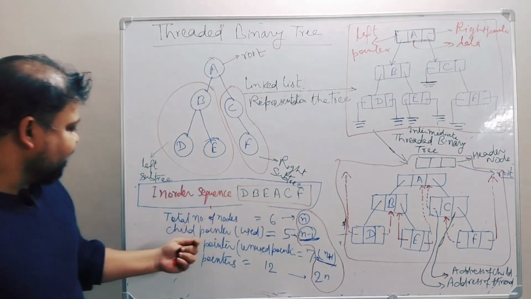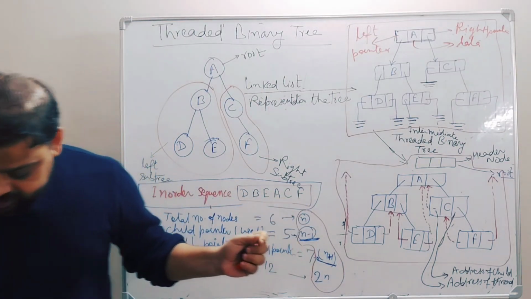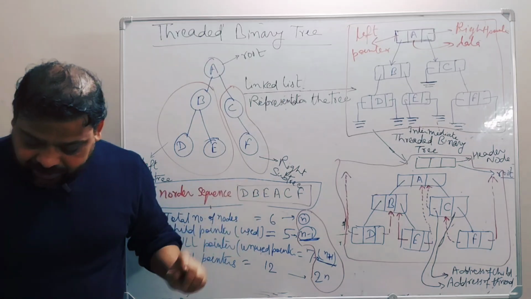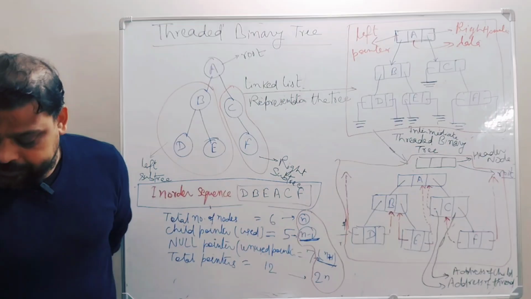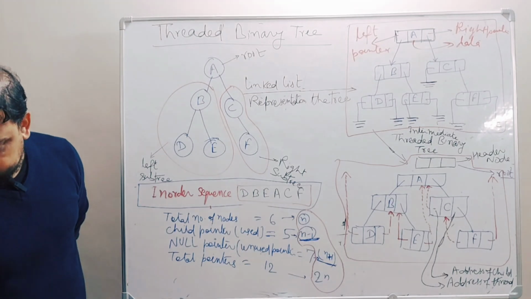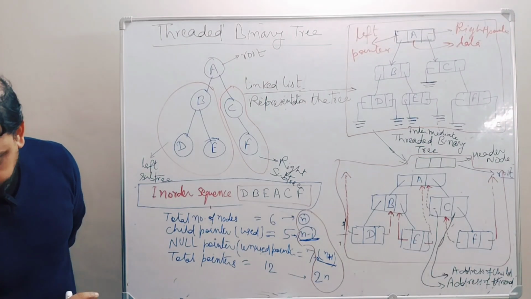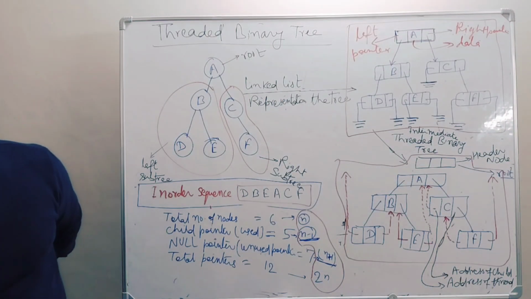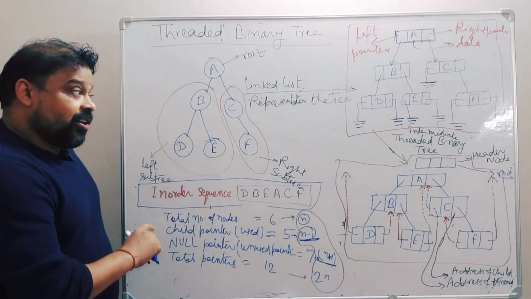To use all these null pointers, two scientists, A.J. Perlis and C. Thornton, devised a way to replace these null pointers or null links by a pointer that is called a thread.